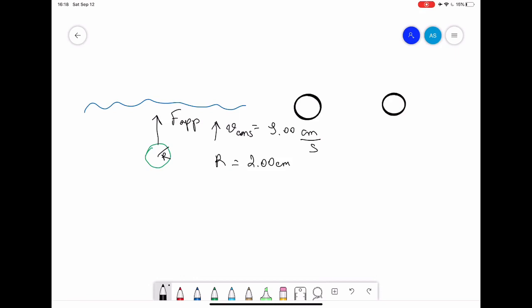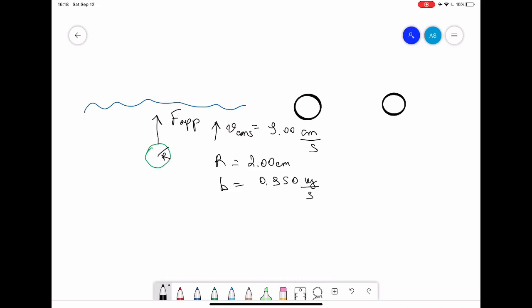Take the drag force to be proportional to the speed with proportionality constant 0.95 kilogram per second. So that means we have proportionality constant b, which is equal to 0.95 kilogram per second.